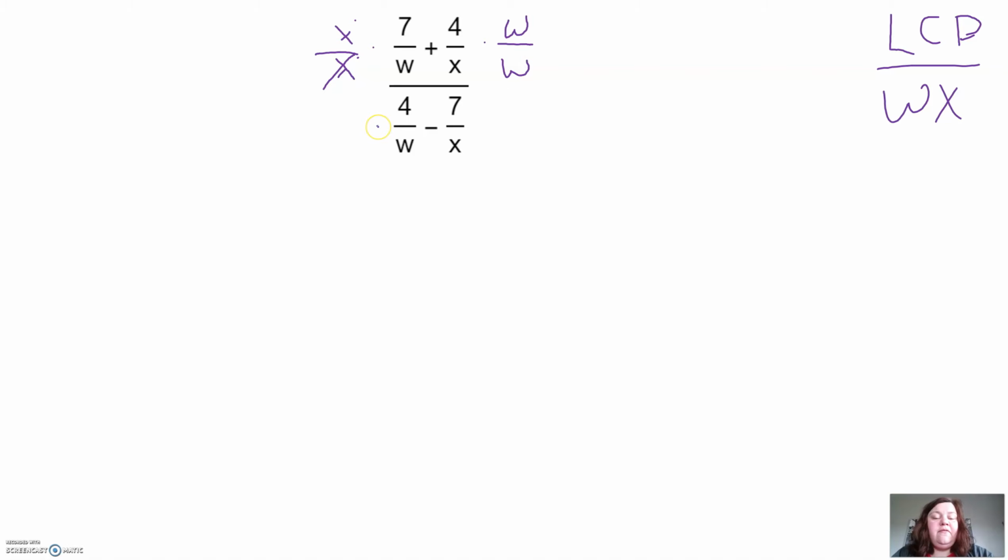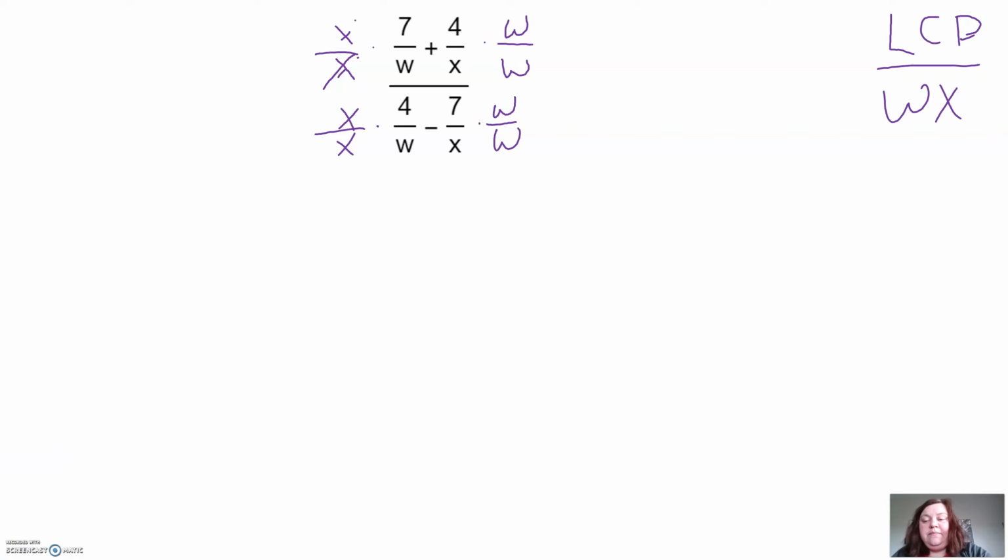In the bottom, 4 over w is missing the x. It's going to multiply by x over x. And the 7 over x is missing w, so I multiply by w over w. So now on our next line, we're just going to write what happens after we multiply that.